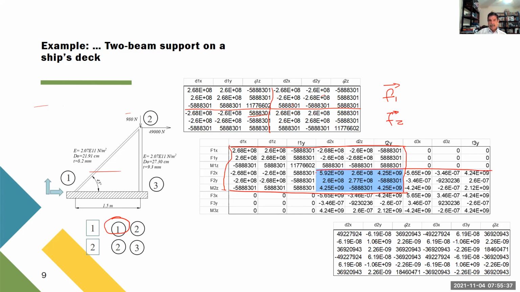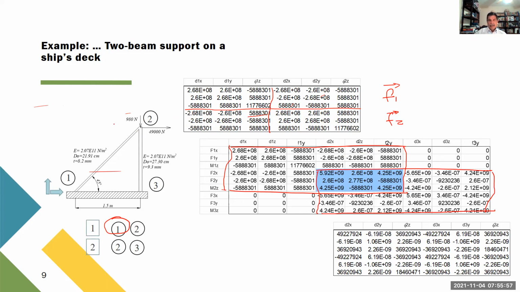This is the second element. And immediately you see that this area in blue is the common area, and that corresponds to joint 2, which is the common joint for both elements.